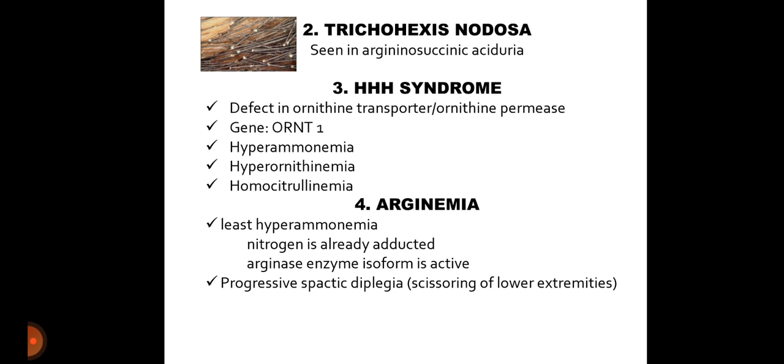We can see this in the newborn. The hair will be so brittle and so soft, and there will be nodes in the hair, which you can see in the left-hand side picture. That is called trichorrhexis nodosa.